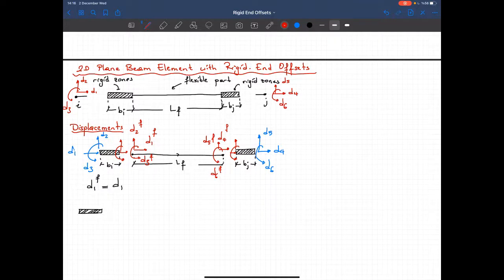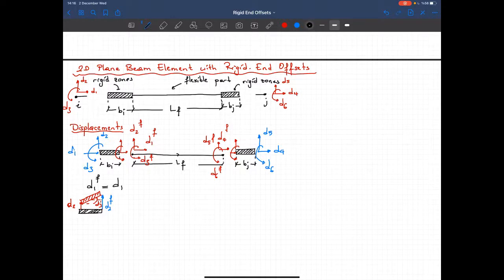It moved in the upward direction, but at the same time it rotated by d3 amount. This is d3, this is d2, and that displacement would be d2f.